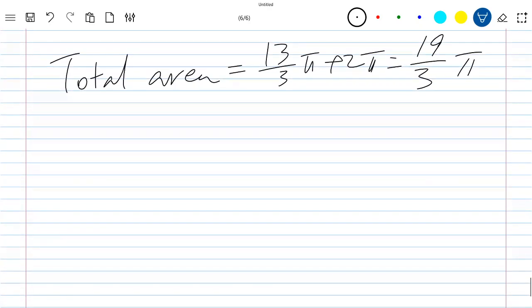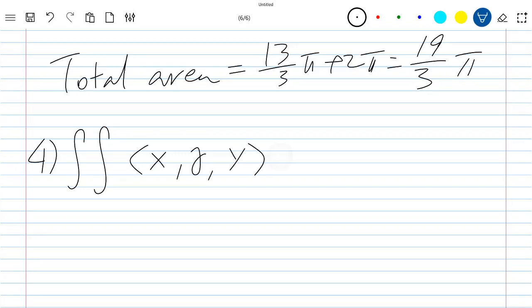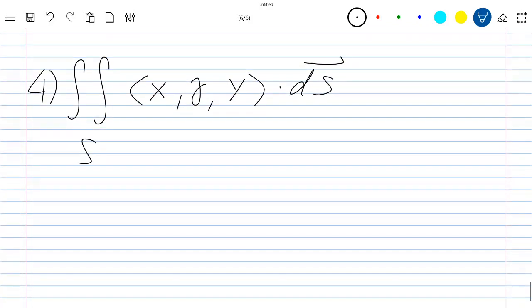Our last example would be the surface integral with a vector field. And this time, let's do a sphere. X, Z, Y, and this S is, let's see, what is this S?